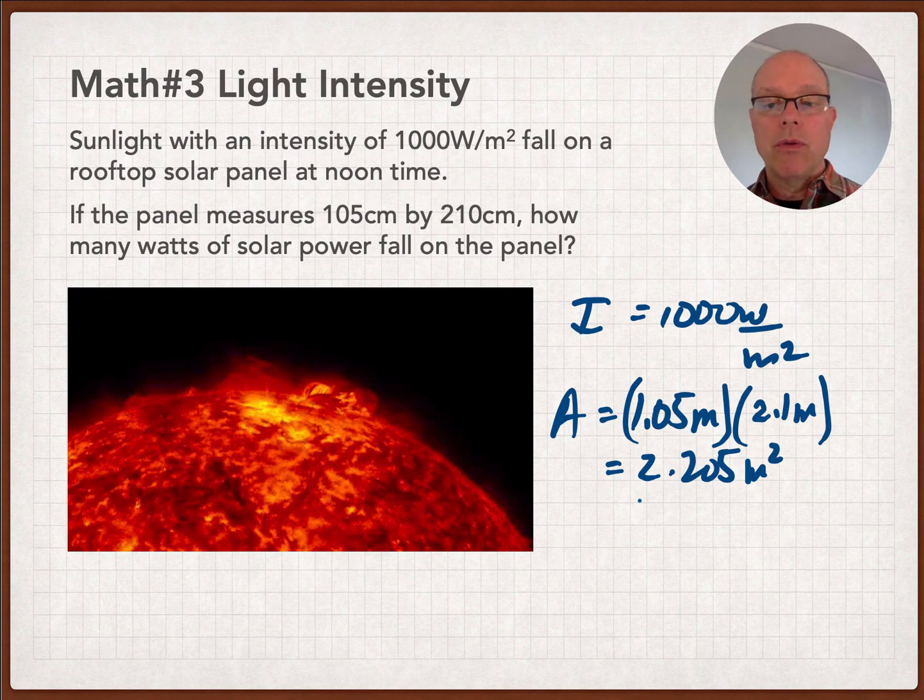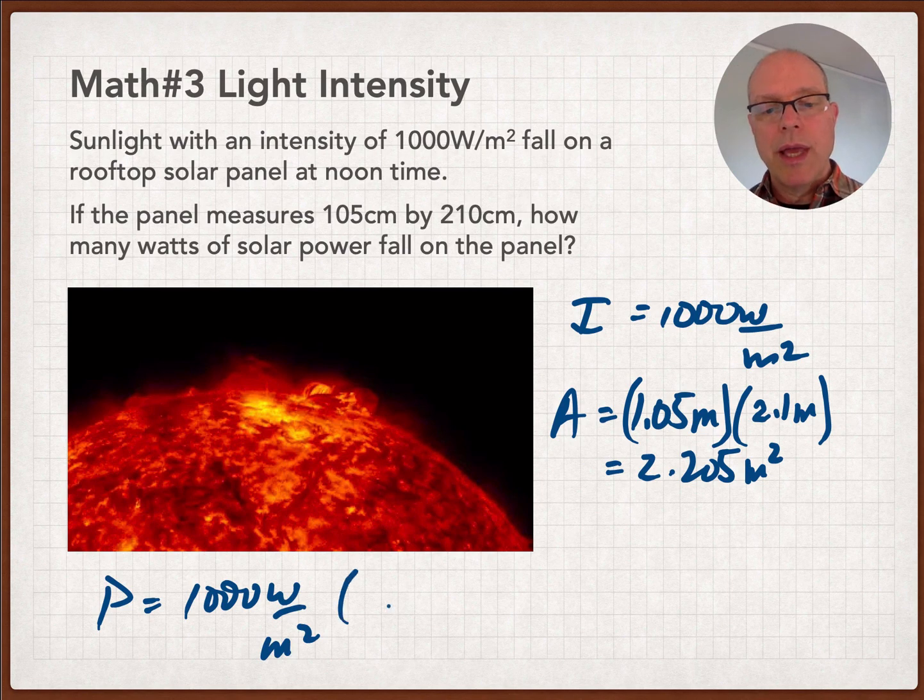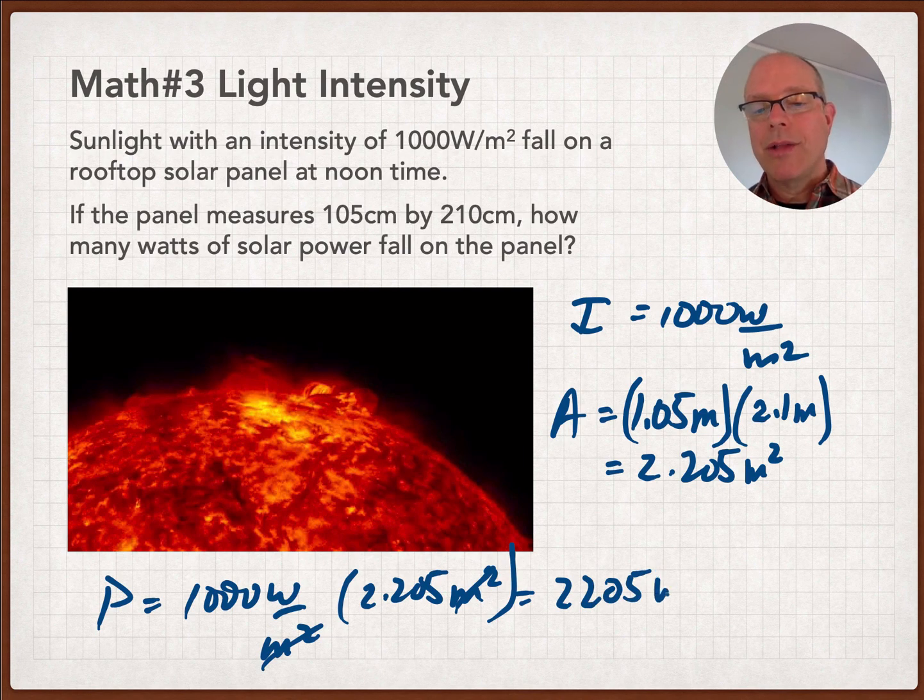So what I have to do is just make sure I multiply and kind of factor label. Watch it. Power equals 1,000 watts per meter squared. You can see the units lining up to cancel, right? 2.205 meters squared cancel, but the numbers don't, and we get 2205. So that's a lot of power of sun.